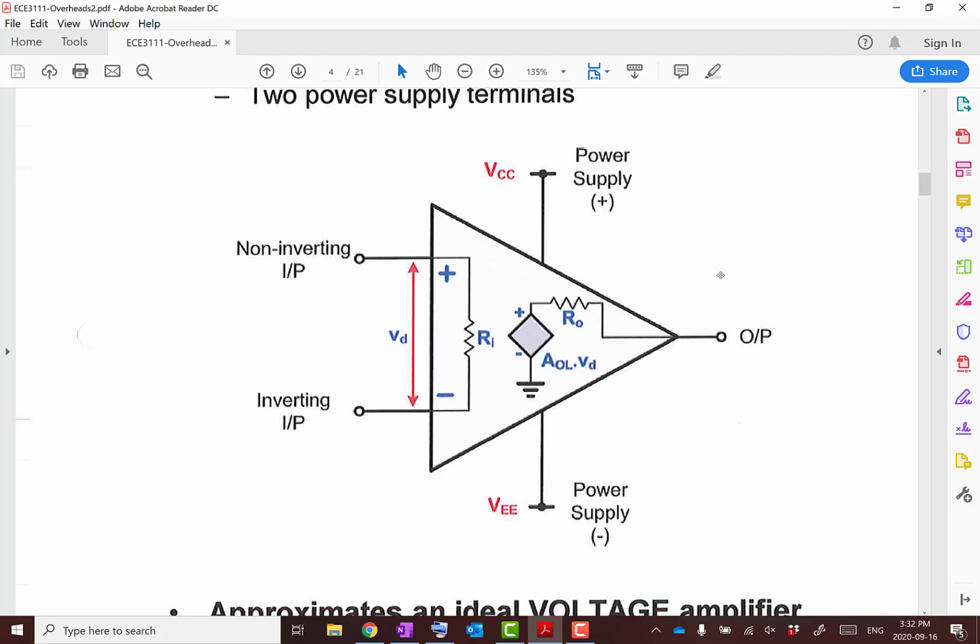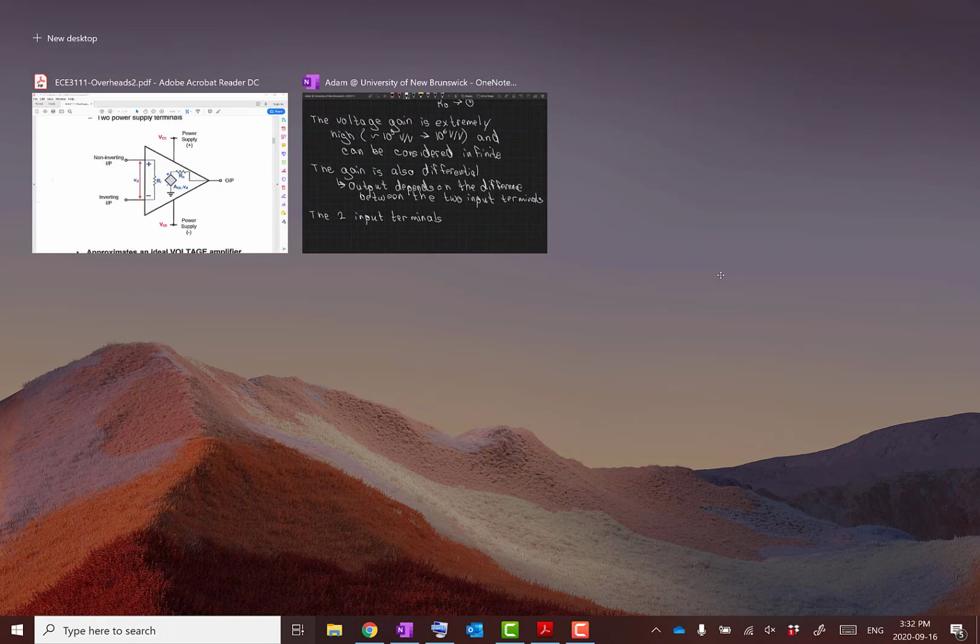They're labeled with a positive and negative sign, but we don't talk about them as a positive and negative input. The terminal labeled with the positive symbol is referred to as the non-inverting input. That labeled with the negative symbol is referred to as the inverting input.